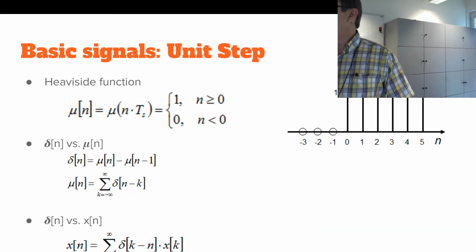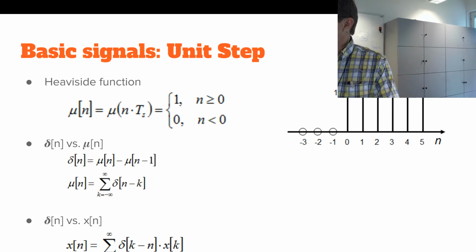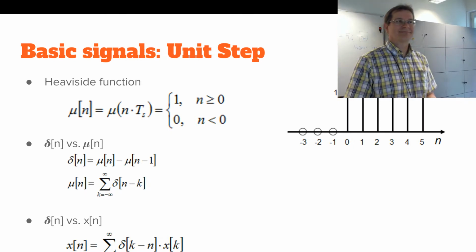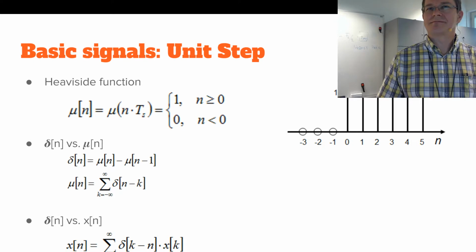Yes? My brother is actually an audio engineer, and they're using a Dirac delta kind of function. Yes. If you want to get the response of the system, for example, you want to record how a room sounds, or some place like a big hall, and you want to make your music sound like it was played in that hall, so you want to have a nice echo in your sound.